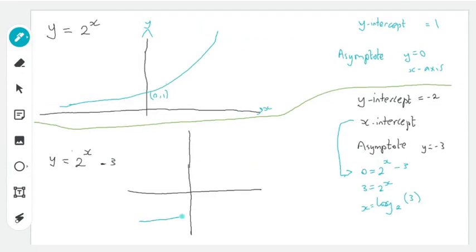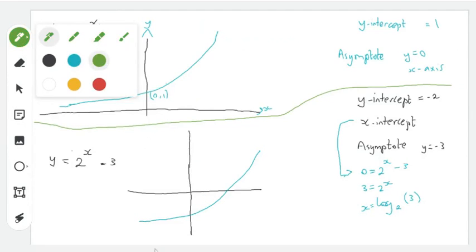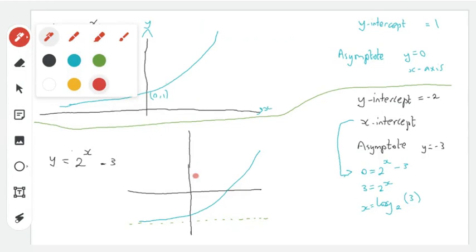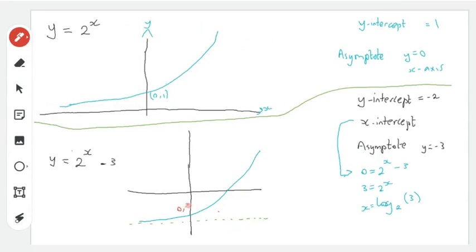So this one, we're doing that. And then you've got (0, -2) as your y-intercept.